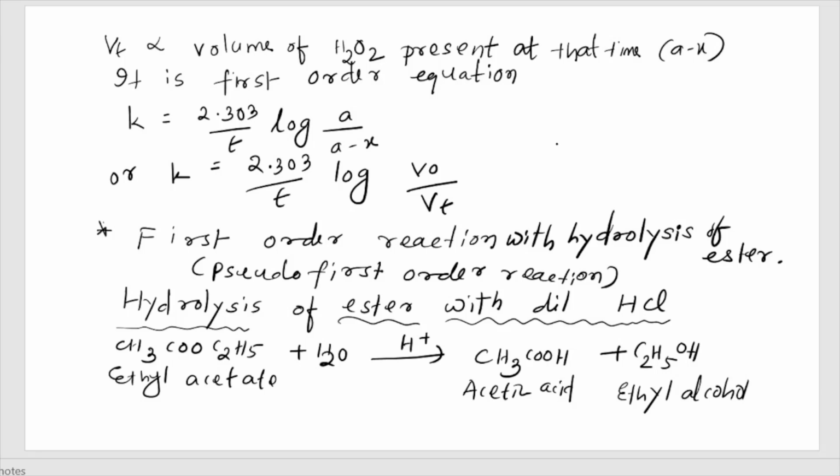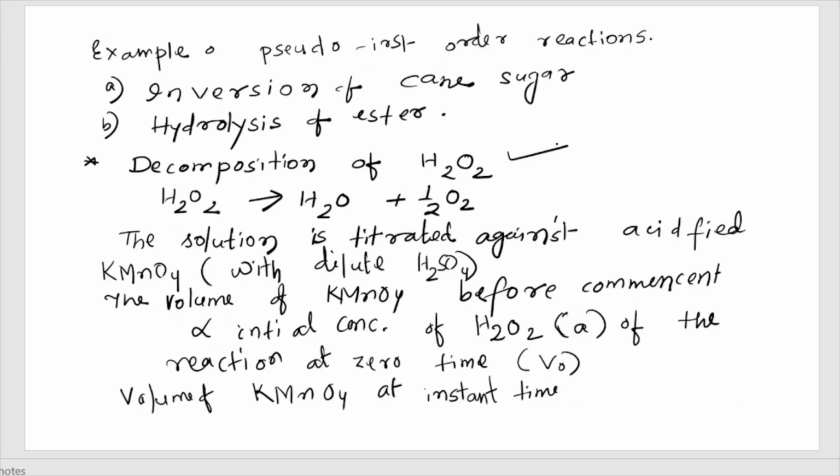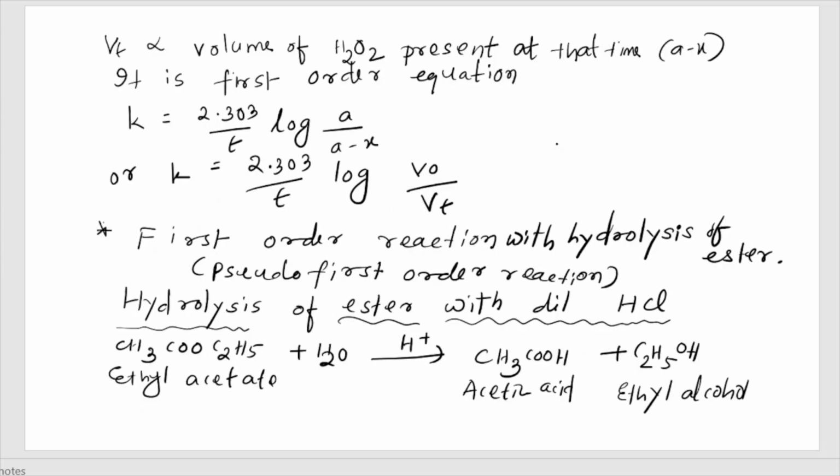And since it is a first order reaction, the formula is K equal to 2.303 by T log A by A minus X. But I just told you that A is proportional to V0, the volume of KMnO4 used in titration. So K equals 2.303 by T log V0 by Vt.